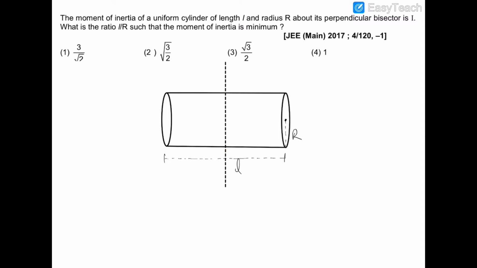So first of all, let us write down the moment of inertia of this cylinder about this axis. You can see that this is a cylinder whose length is L as well as its radius is R. So this cylinder is acting like a rod of length L.